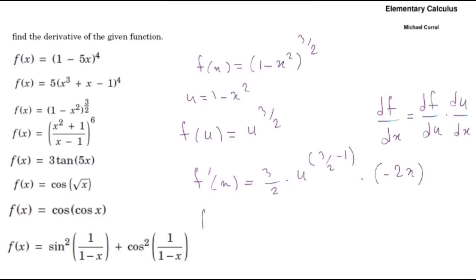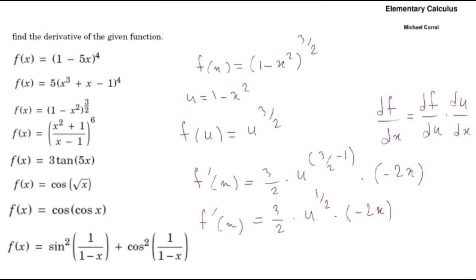So f prime of x equals 3 over 2 times u to the 1 over 2 as an exponent times negative 2x.